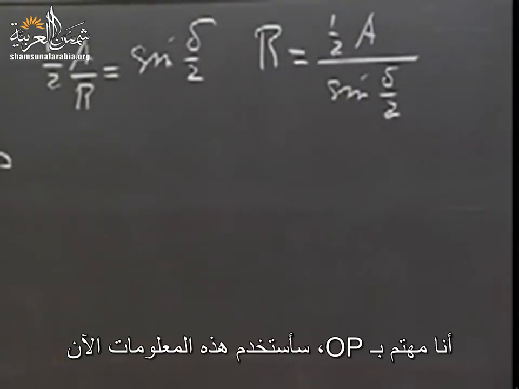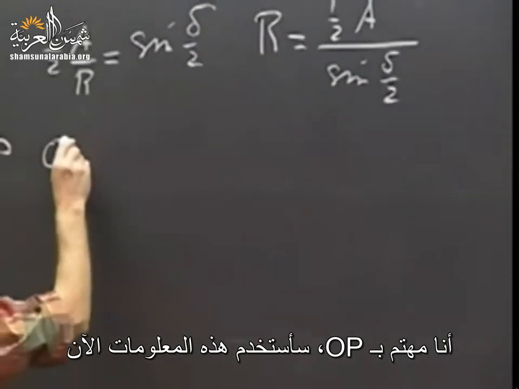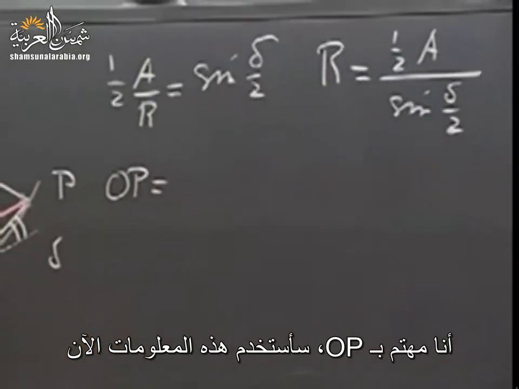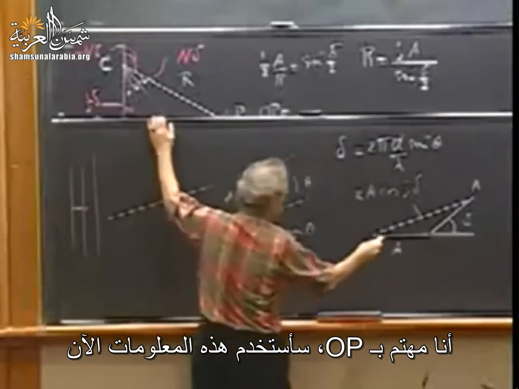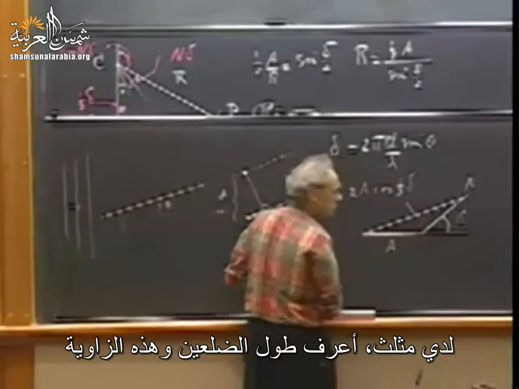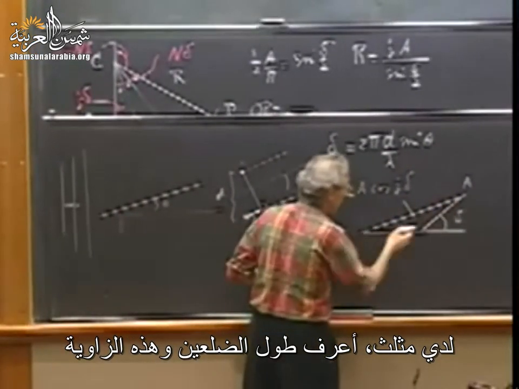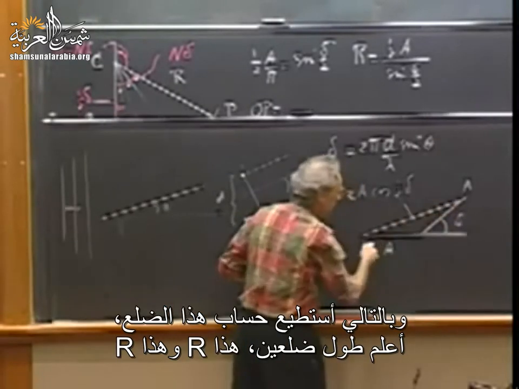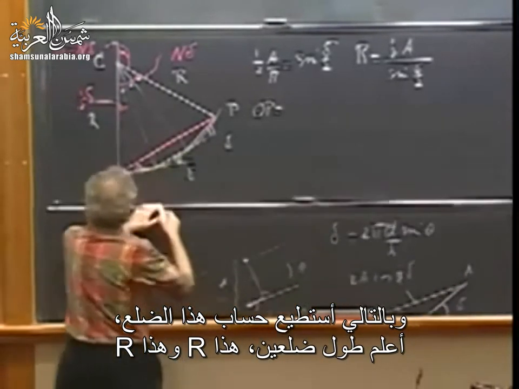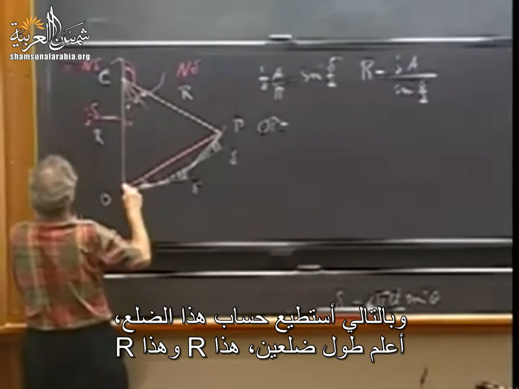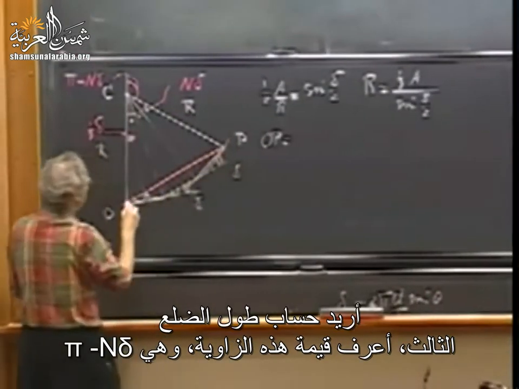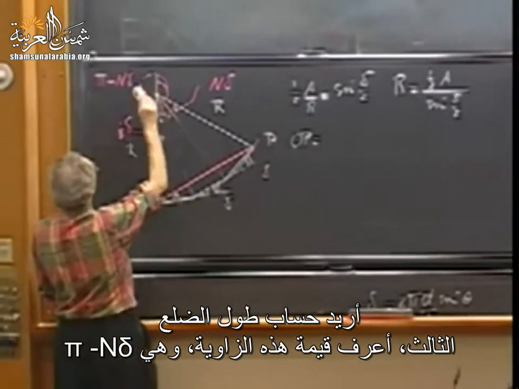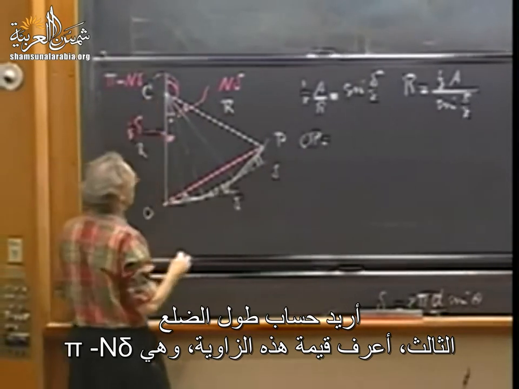So I'm really interested in OP. And now I'm going to use this knowledge. I have a triangle. I know two sides, and I know this angle. Then I can calculate this one. I know two sides. This is r, and this is r. I want to know the third side, and I know this angle, which is pi minus n delta.